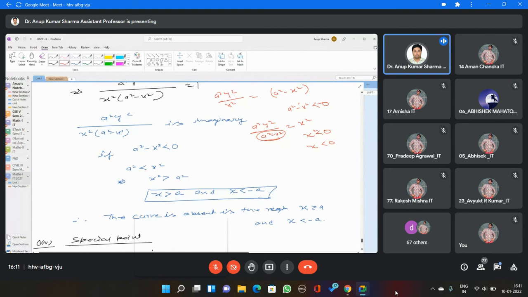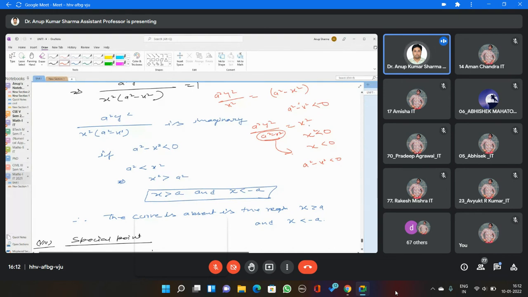So when you include this one, it becomes imaginary when a square minus x square is less than 0. It's not only in x square.